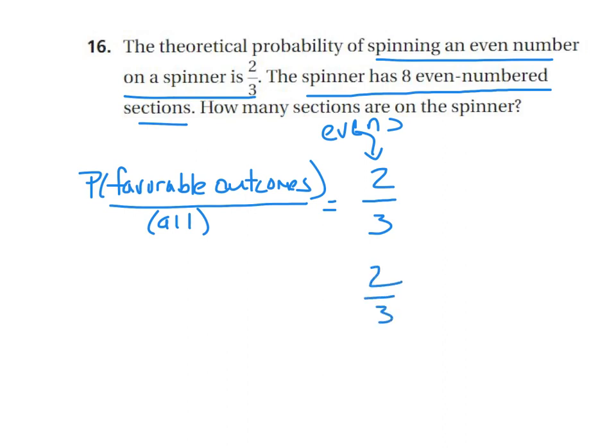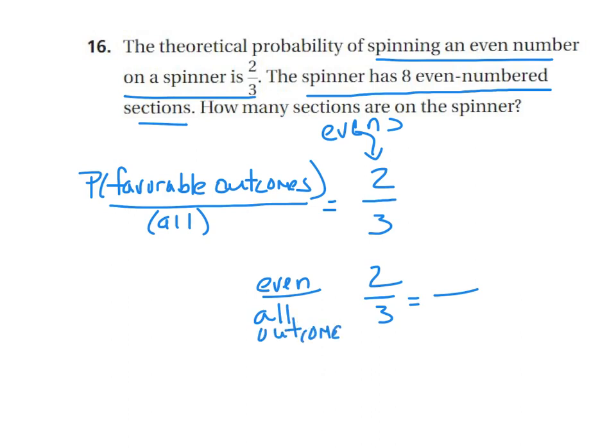So 2/3 is equal to, and we're going to come out with the unsimplified probability. Okay, so on the top, the favorable outcomes are the even outcomes out of all outcomes.